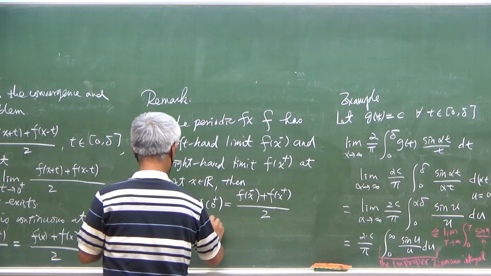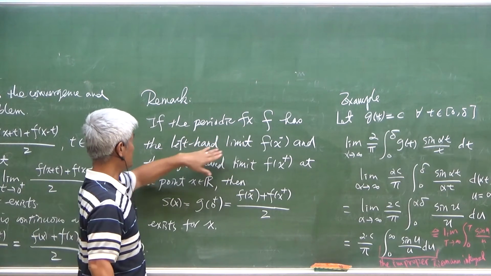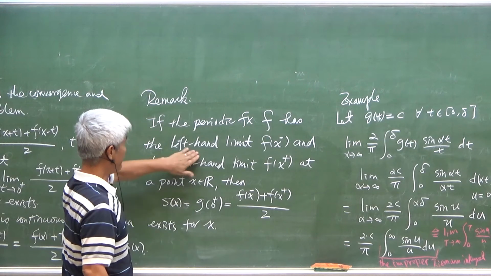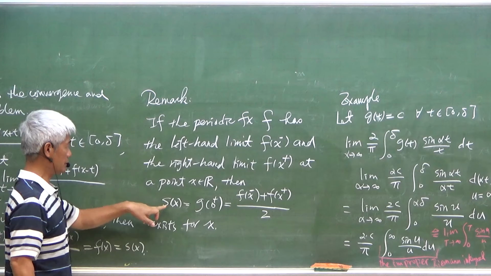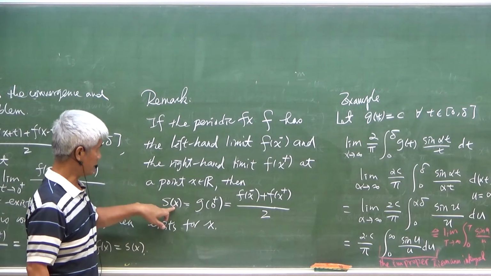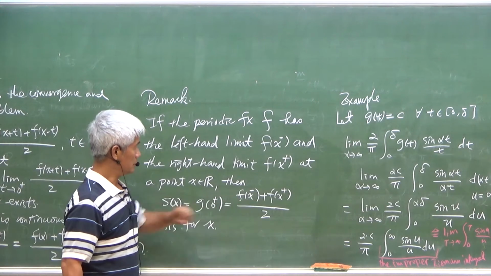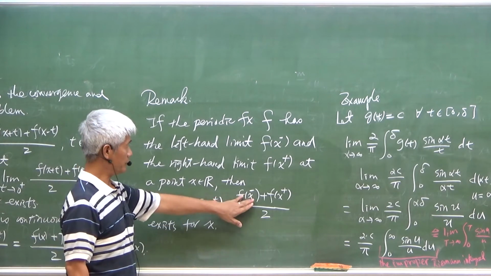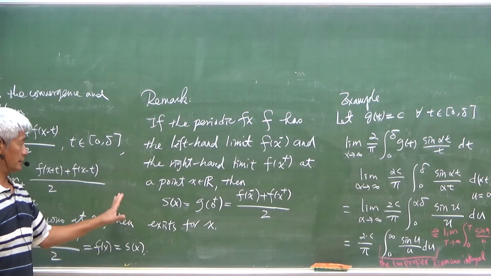So if the periodic function has the left-hand limit and the right-hand limit at the point x, then s(x) exists and is equal to the average of the left-hand limit and the right-hand limit at the point x. Okay, so that's fine.